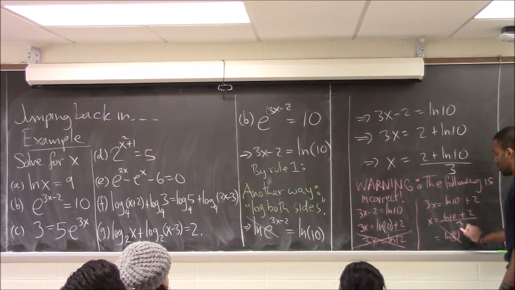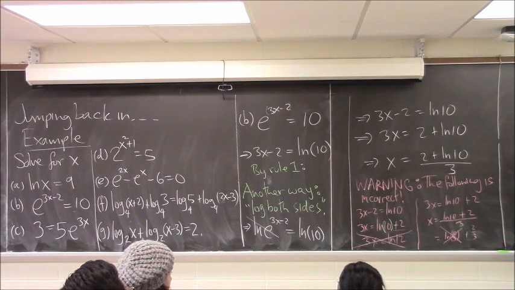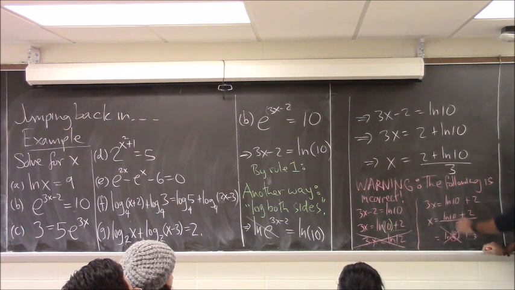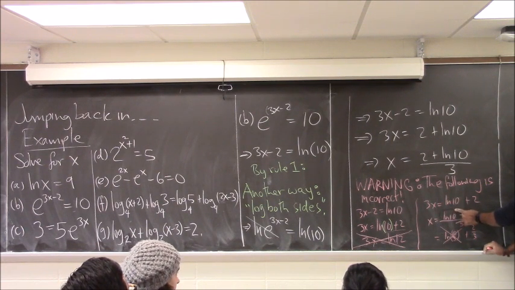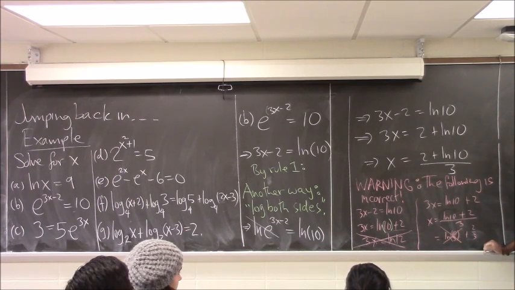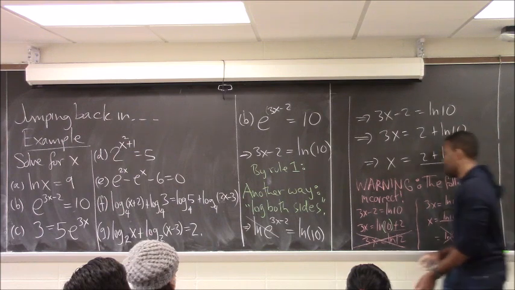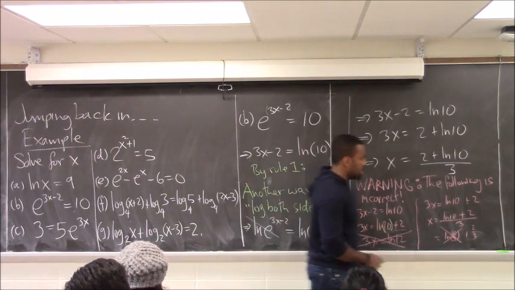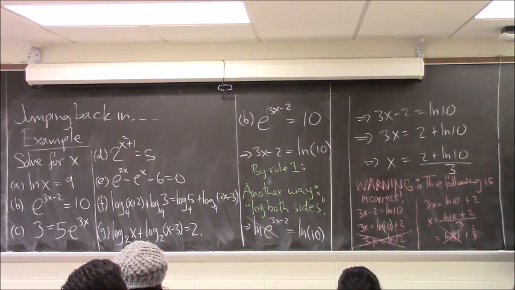And that is also wrong for the same reason, right? You're multiplying by a 1/3. You cannot bring it inside. The most you can do is move it as a power up. You can write it as ln of 10 to the 1/3. I don't know why you would do that, but just make sure that you cannot go inside the ln. I should write that down.